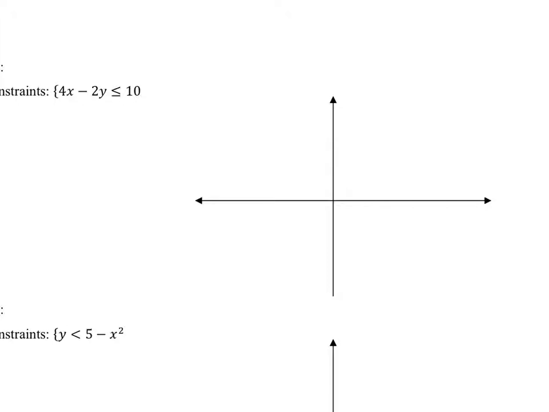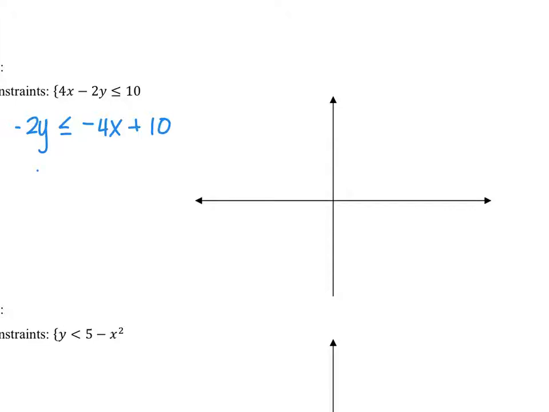All right, 4x minus 2y equals 10. Is that ready to graph? Why not? I don't have y by itself, so what do I do? Subtract the 4x, so that gives me negative 2y less than or equal to negative 4x plus 10. Now what?